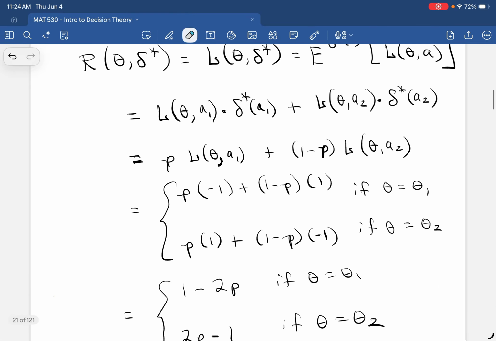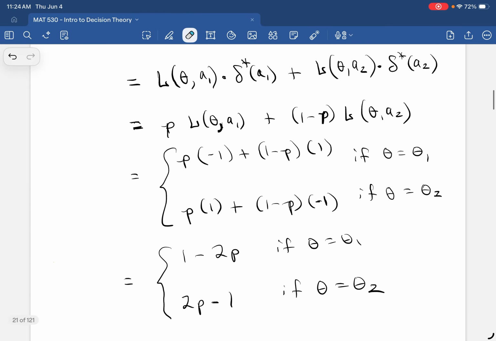In both cases, what you'll see is a line. If we look at the first one, we have a line that decreases with p. If p is 0, then the risk would be 1, and if p is 1, the risk would be -1.